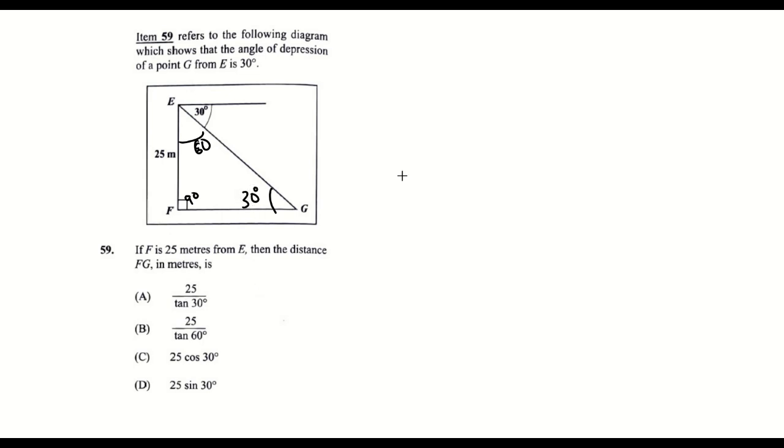Alright, that's what we know so far. We want to find FG. So first off, let's look at what we can find out here. If I want to find FG, and I am using tan, let's put SOH CAH TOA.